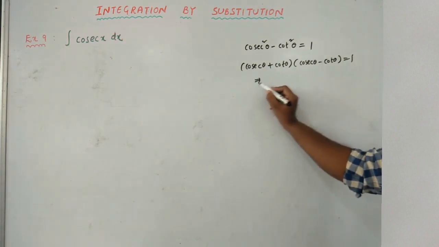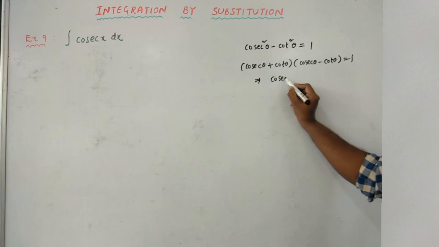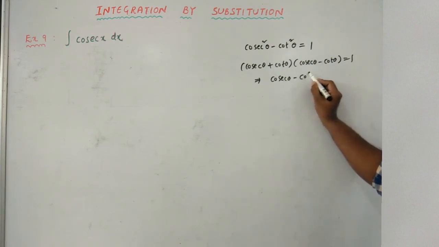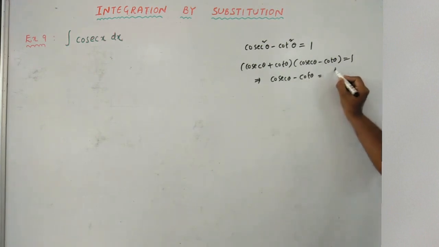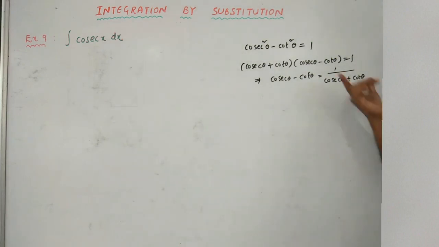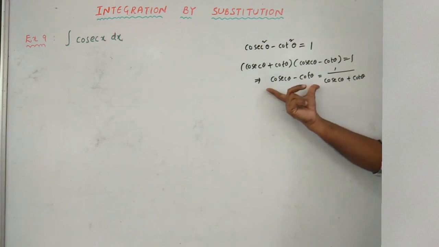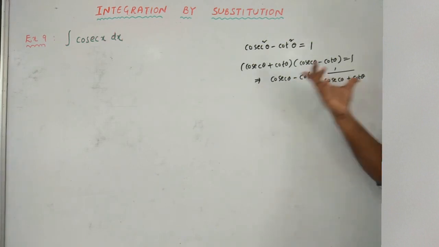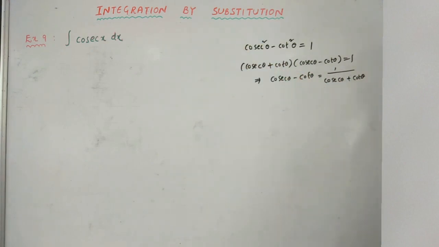From this, cosec theta minus cot theta is equal to 1 divided by cosec theta plus cot theta. You have to remember this. We will use this one in that problem.